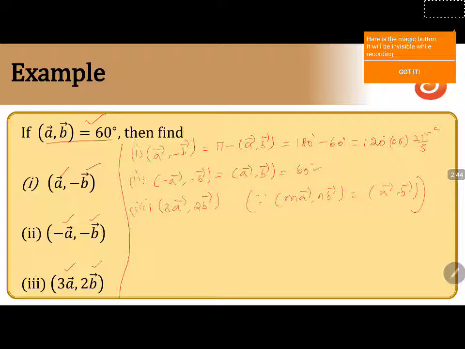So for mA vector and nB vector, how much angle are they going to exhibit? The same angle that exists between the two vectors A and B. So the angle between 3A vector and 2B vector is equal to the angle between A comma B, which is equal to how much? 60 degrees. So the angle between 3A vector and 2B vector is equal to 60 degrees.